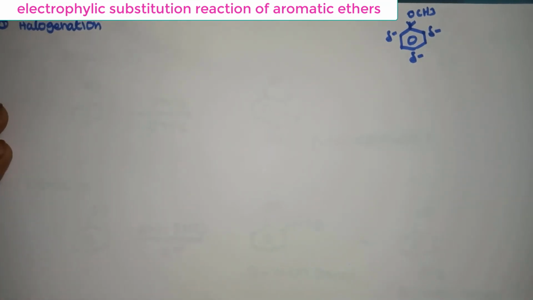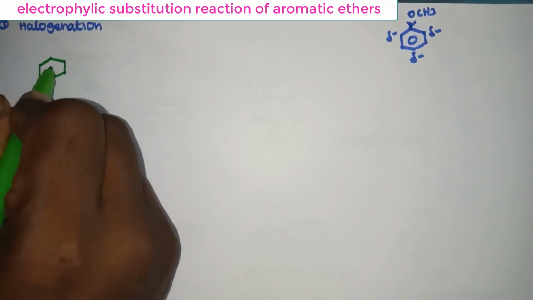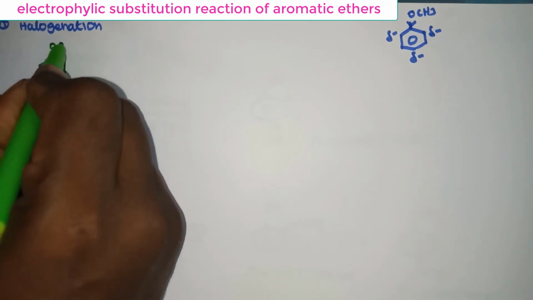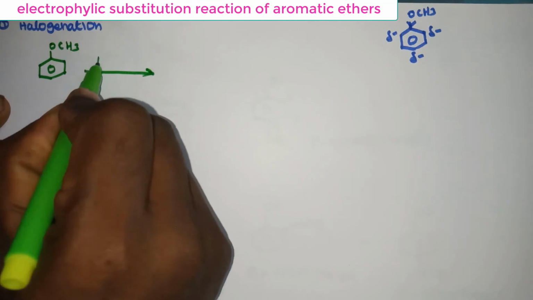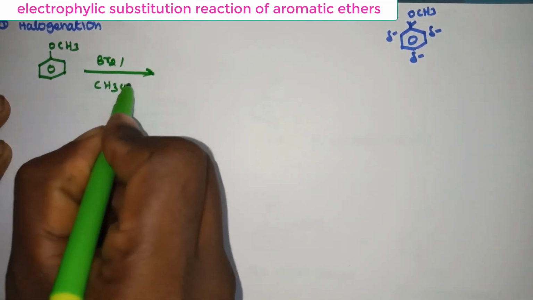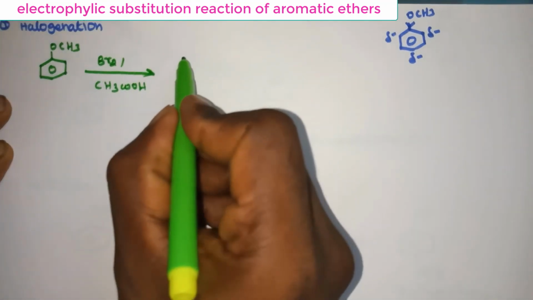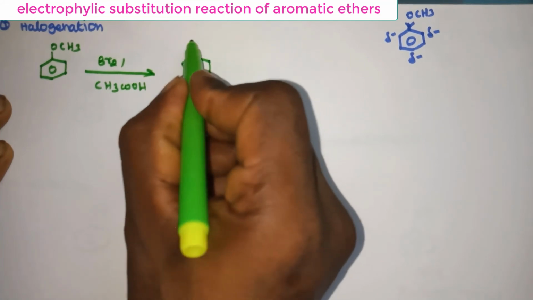First one, electrophilic substitution reaction, halogenation. This is anisole. Anisole reacts with bromine water in the presence of acetic acid to form orthobromoanisole and parabromoanisole.